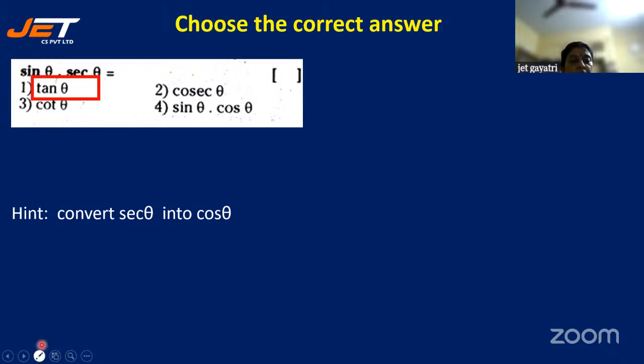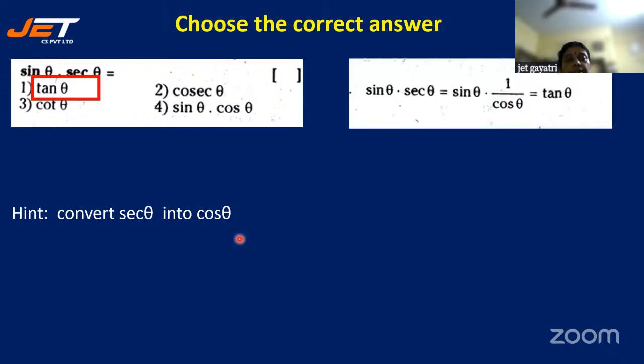So the answer is tan theta, because sine theta into secant theta can be written as sine theta by cos theta, which is tan theta. So the answer is option 1, that is tan theta.